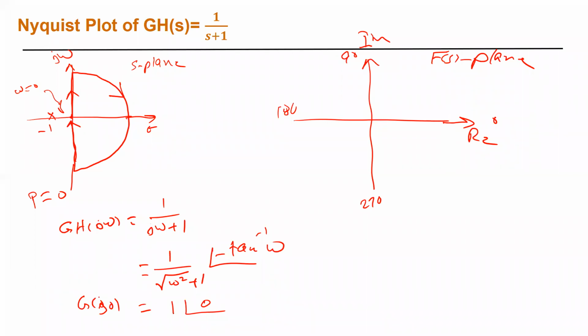Where do I position it in these coordinates? On the real axis. So it is going to be somewhere in here. This is the point 1 with angle 0, and this corresponds to omega equal to 0.